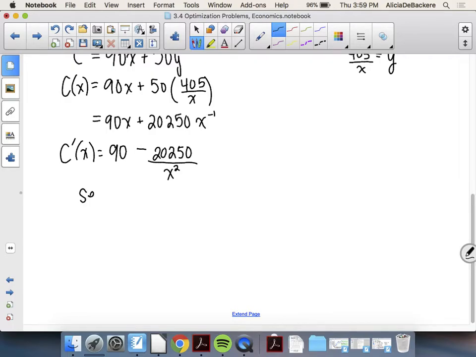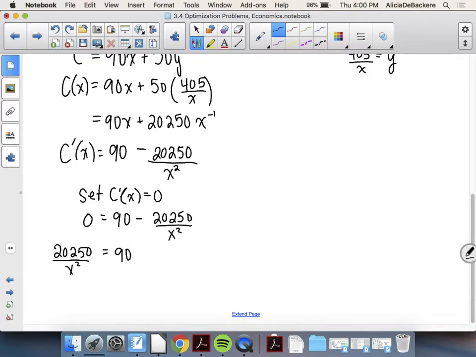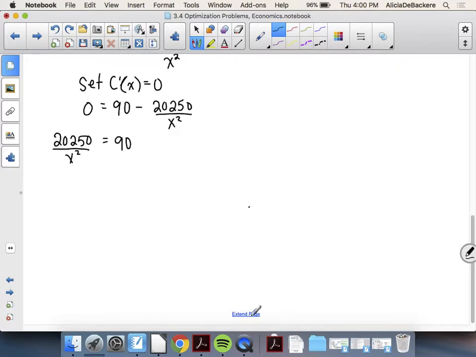Now I want to set that derivative equal to 0. So I'll move the 20,250 over x squared to the left-hand side. That equals 90. And then I'm going to multiply the x squared up to the right, and at the same time, I'm going to move the 90 to the other side by dividing.